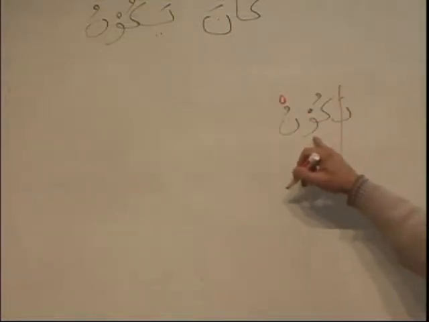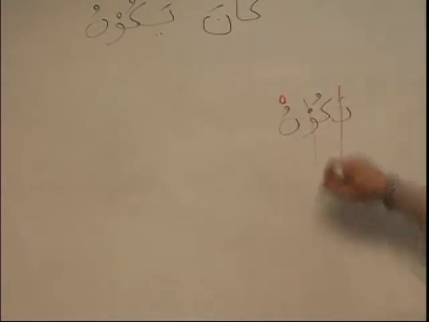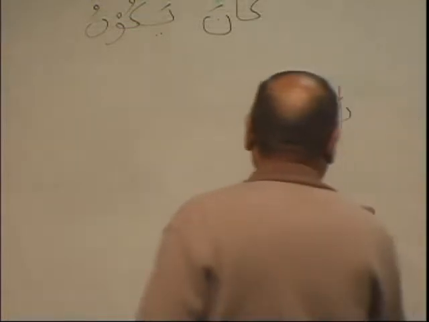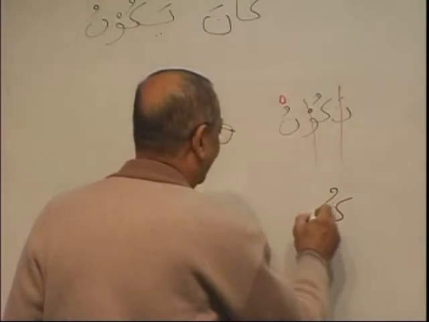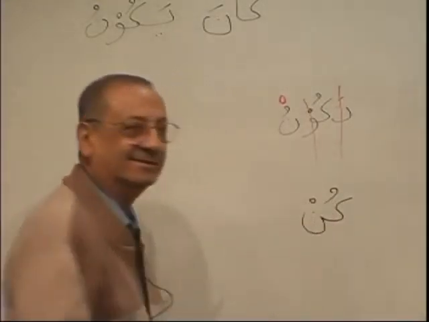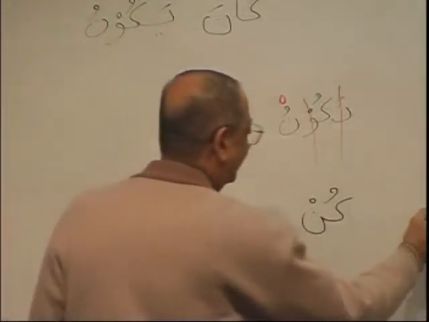We already have a sukoon, so this cannot be. See, we are now doing surgery here. We are doing surgery here, and what is the result? Kun. Just like qul.